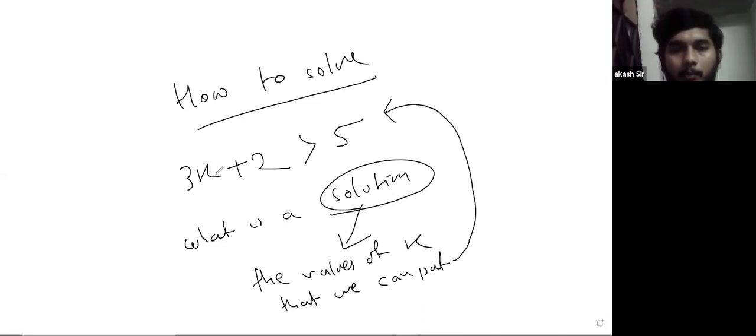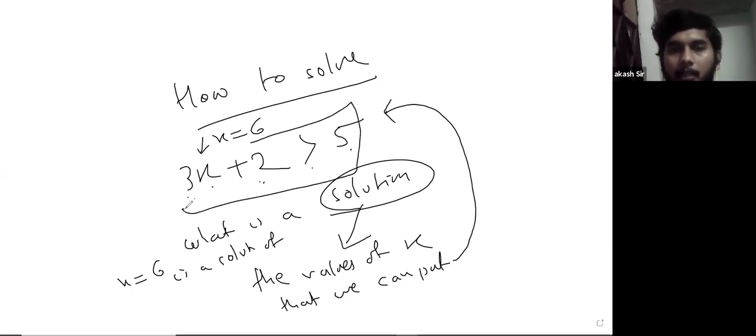Holds true means if we put here 6, what would be the answer? 3 into 6, 18. 18 plus 2, 20. 20 is greater than 5, right? Yes. So x equals 6 is a solution of this inequality.